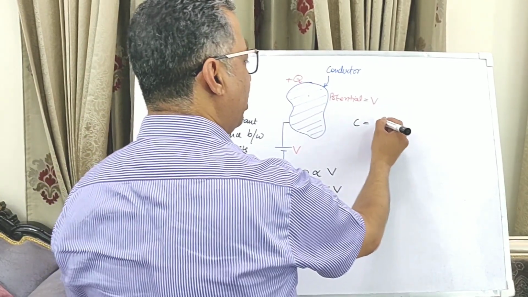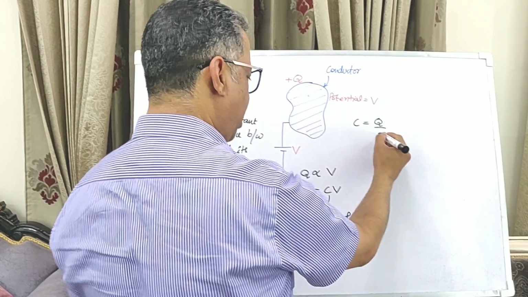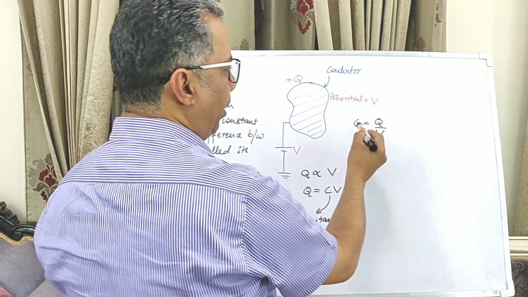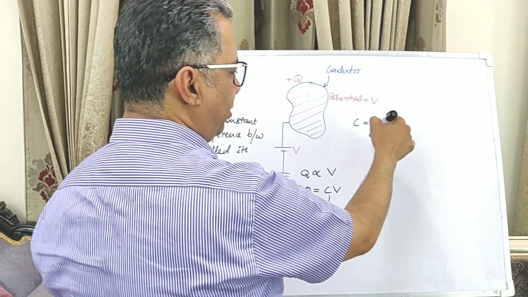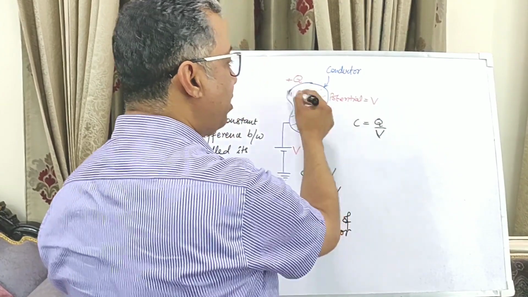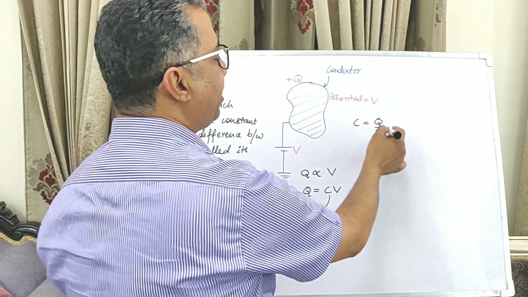Now, this C equals the charge induced on the conductor per unit potential of the conductor, and that's the definition of capacitance. It's constant for a conductor-earth pair.